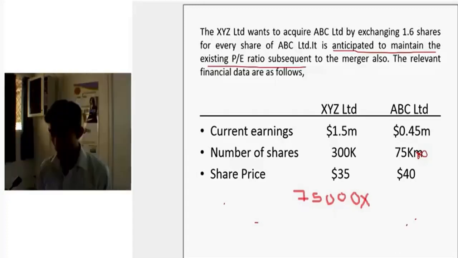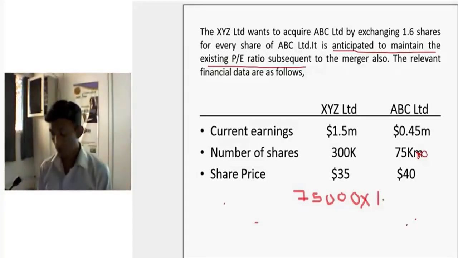So for 75,000 shares, we need to issue how many shares? 75,000 times 1.4. That's going to be 105,000 shares. So basically we are going to issue 105,000 shares in order to take over ABC Limited.